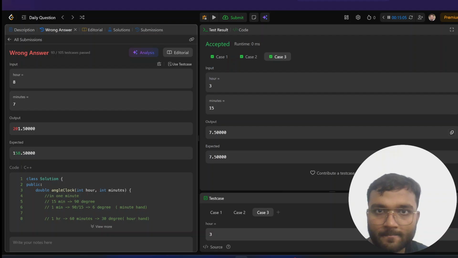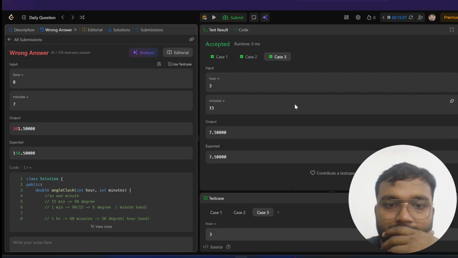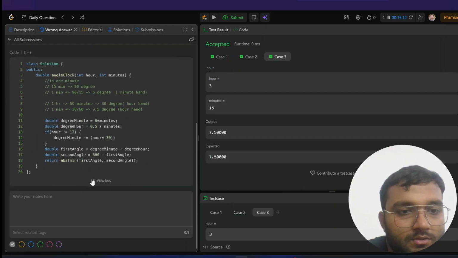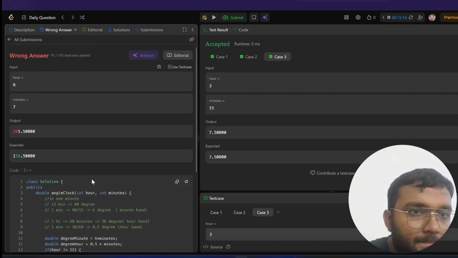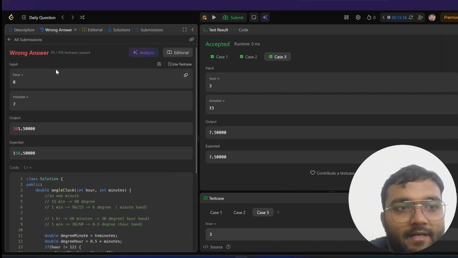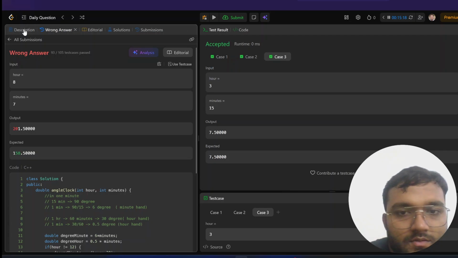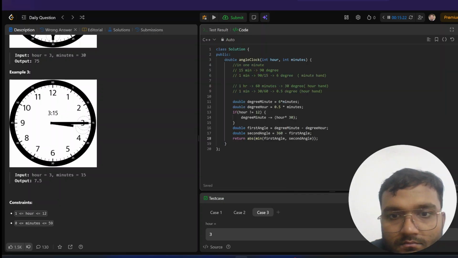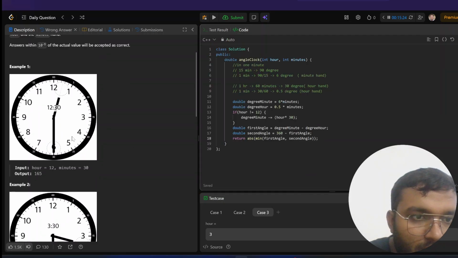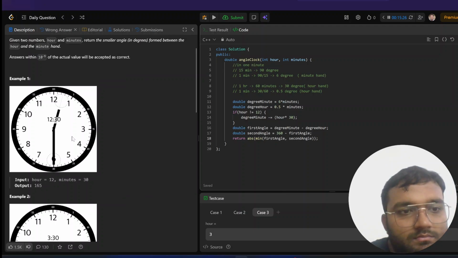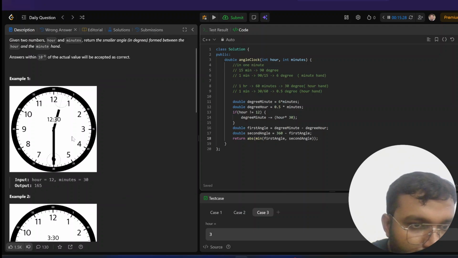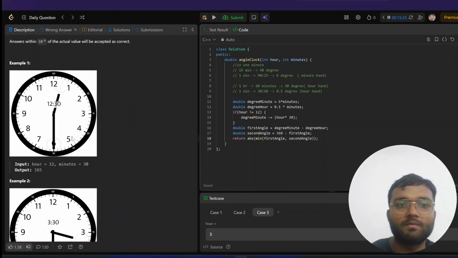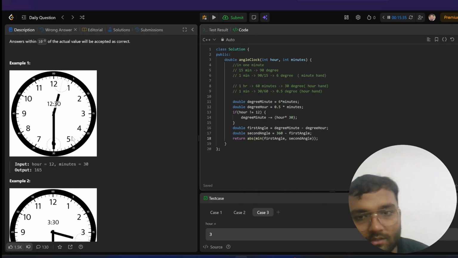Okay. I think I should first understand better. I think I'm not quite good. I should think of some other algorithm, other formula. We only need to calculate the angle between the hour hand and the minute hand.